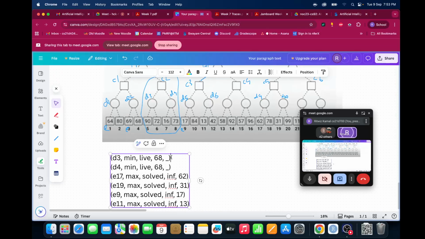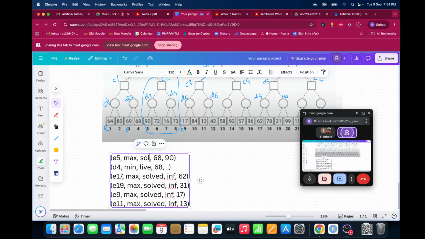Next, D3 will be popped, and E5 will be added. E5, max node, currently live, bound is 68, value unknown. But it will be solved. It will return a value of 90.